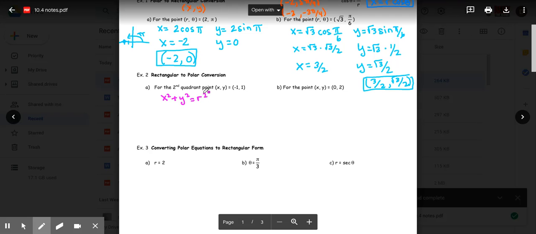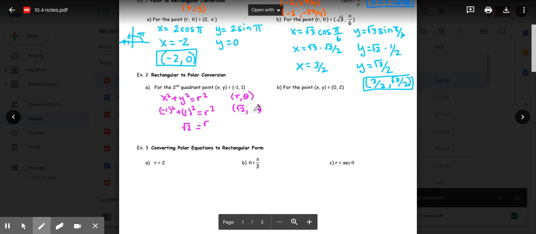That's your equation for a circle. So if we want to convert it to polar, we need the r, the directed distance from the pole, and theta. So if I plug in x and y, I get -1 squared plus 1 squared equals r squared. So r equals √2. Okay, so we already found our r, which is √2.